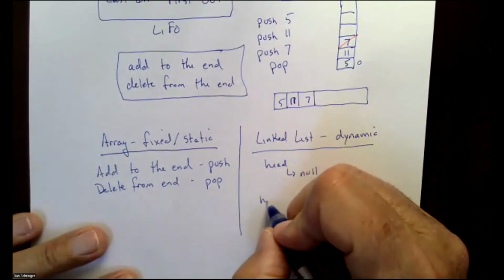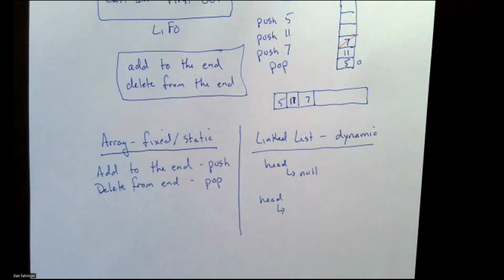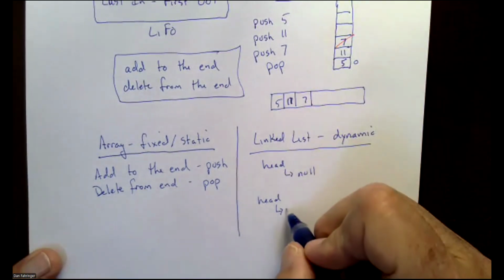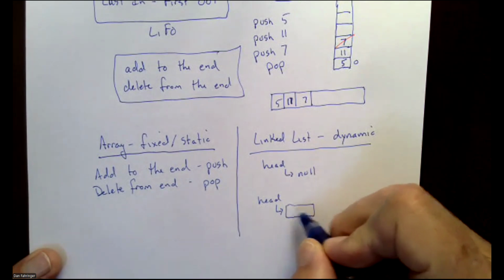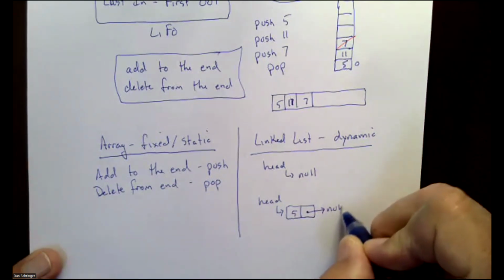So head is now going to get the value of the new node. That's that whole if it's empty, head. There's a whole bunch of code that's going to come with this. But if the first one I put in was a 5, that goes to null.